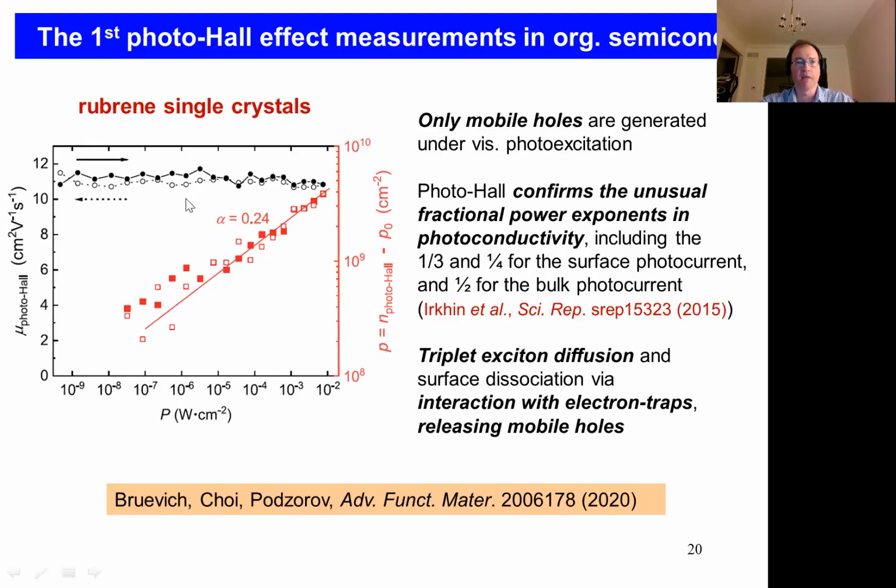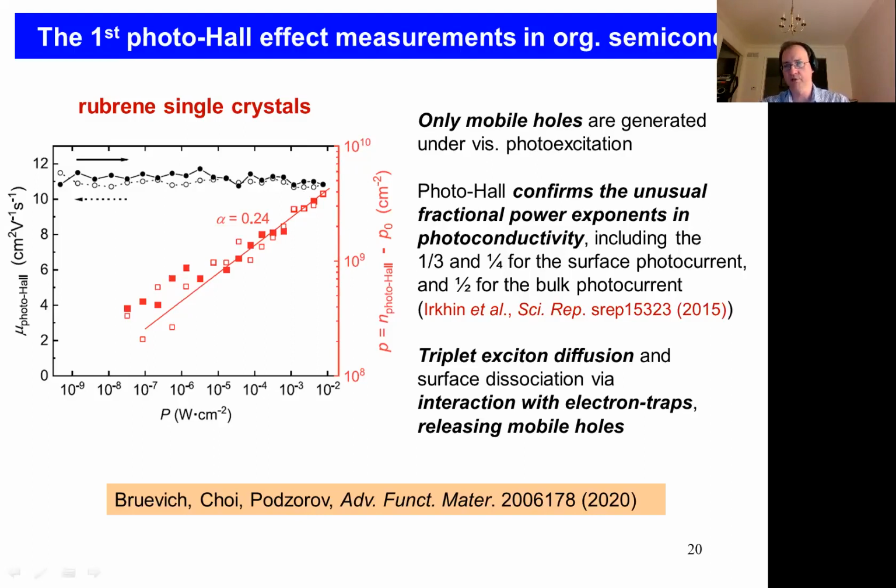And by the way, another benefit of the Hall effect is that you can directly check the sign of the dominant charge carriers, and the sign in this case corresponds to holes. So holes are conducting our photocurrent, and the absence of this roll-off at high intensities can only be interpreted as the absence of electrons.